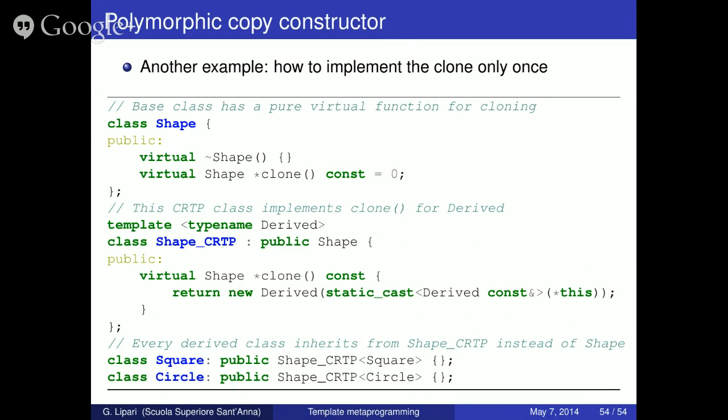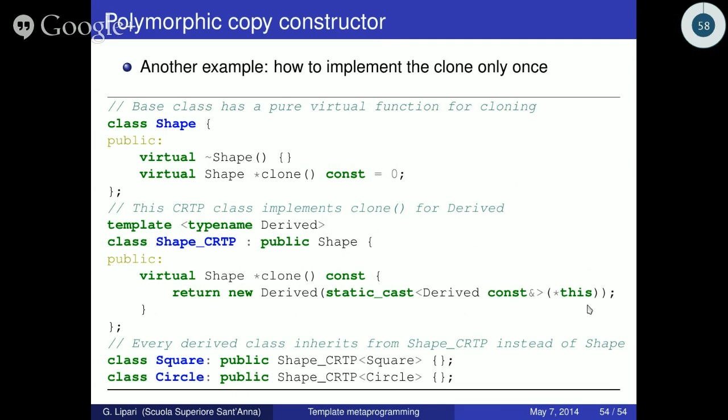So if you want to avoid it, you can use an intermediate class, which you call ShapeCRTP, which derives from Shape, but it is also templatized with respect to the derived class. And you implement the clone once and for all by creating an object of type Derived and passing this as an element. Okay?